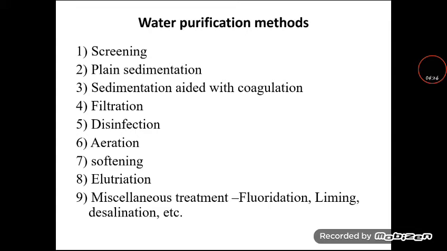So for that we are using the aeration process, which is also used to remove the iron and manganese present in the water, and to increase the dissolved oxygen content in the water.